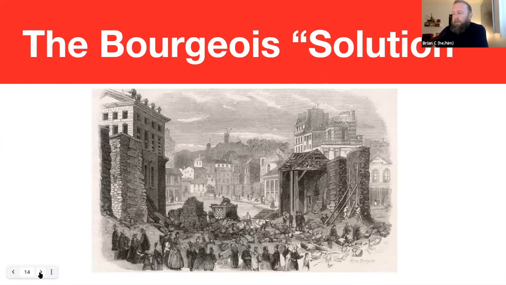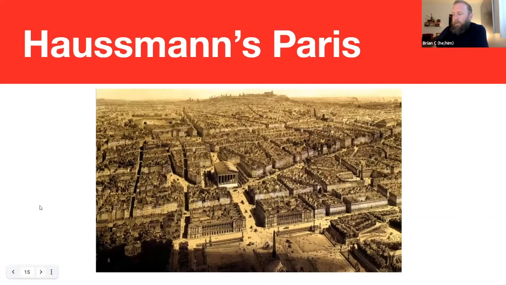And we see this really clearly in something that was going on at the time in Haussmann's Paris. The most famous example is Paris, where under the leadership of Napoleon III, Georges Eugène Haussmann undertook an enormous renovation of the city from 1853 to 1870, with some projects still worked on as late as the 1920s.